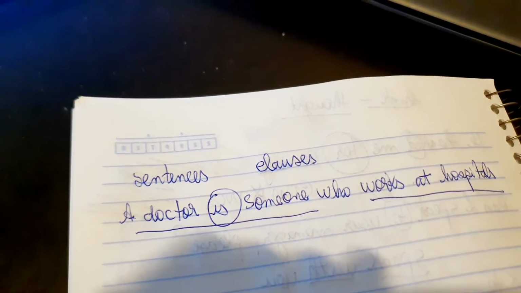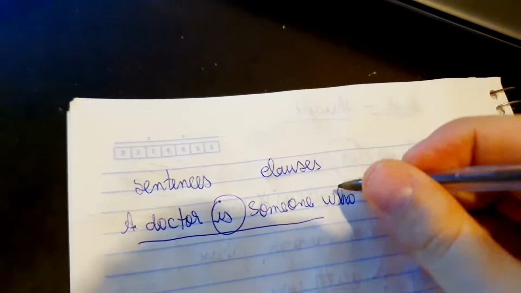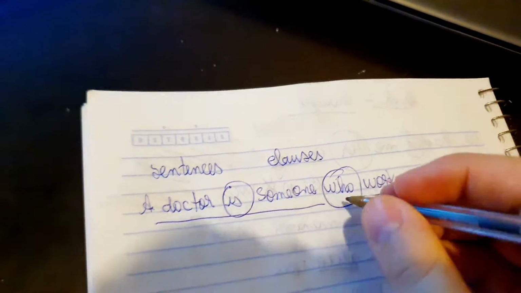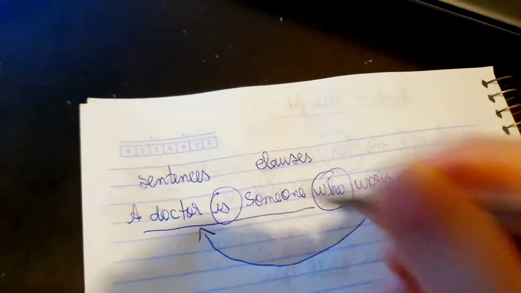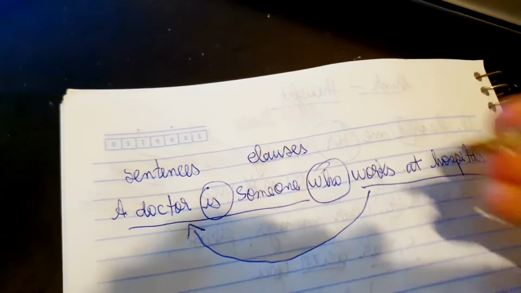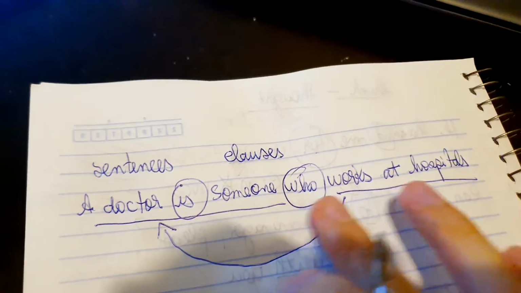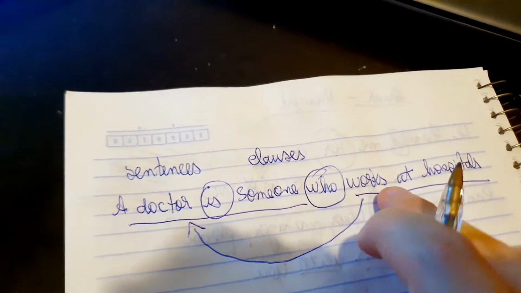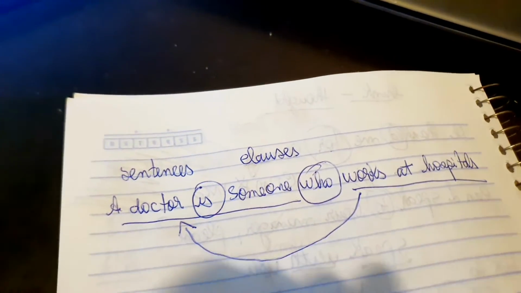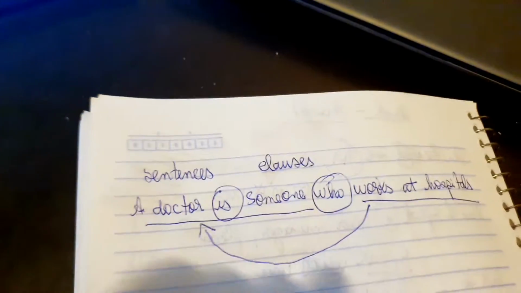Relative clauses join two different sentences, right? And here, who works at hospitals is referring to doctors, right? A relative clause is a clause which is related to a noun. For example, it can be related to an object, to an event.